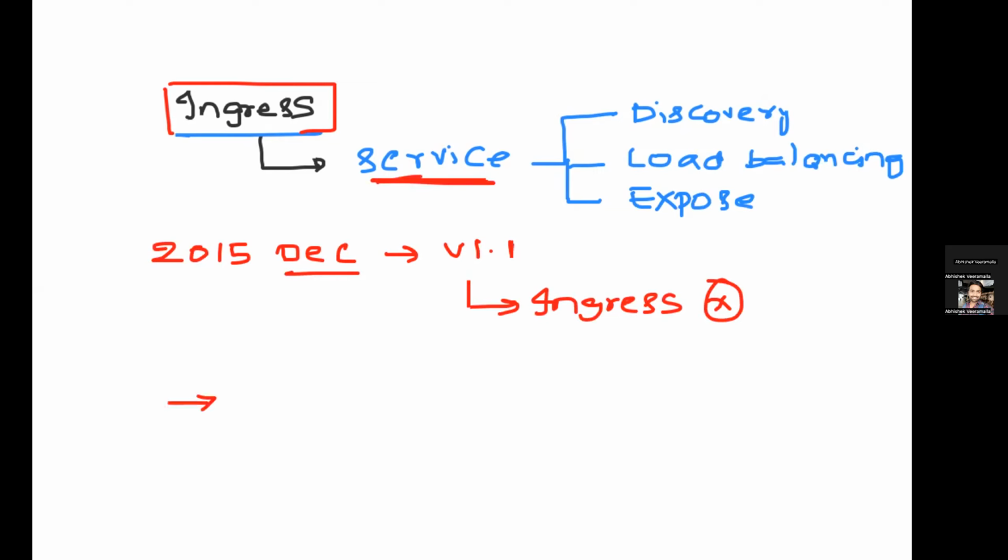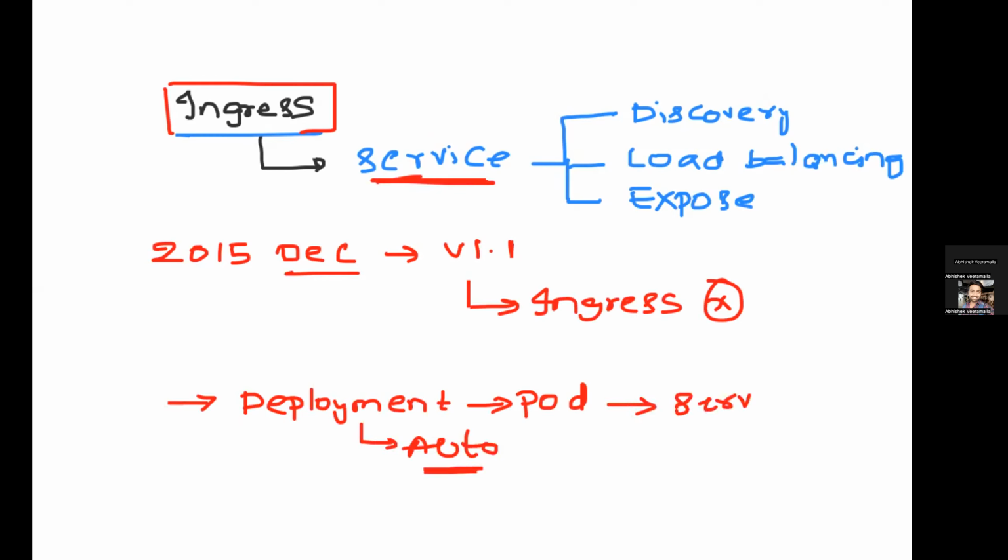People used to create a deployment which would create a pod, right? And because you are creating a deployment, you will get auto healing and auto scaling features, and then you will create a service on top of it so that you can expose your application within your Kubernetes cluster or outside the Kubernetes cluster using the load balancer mode of your service.